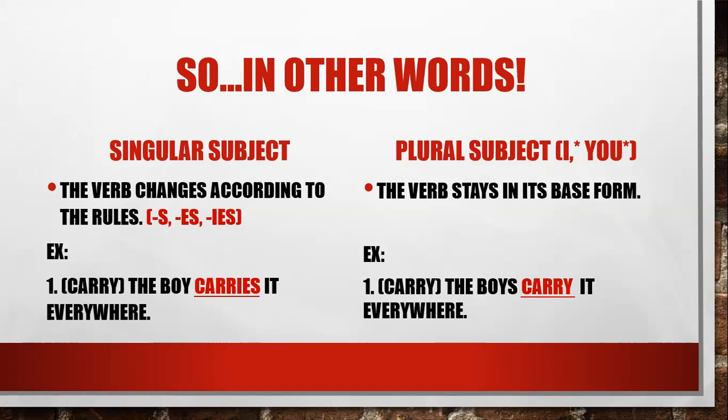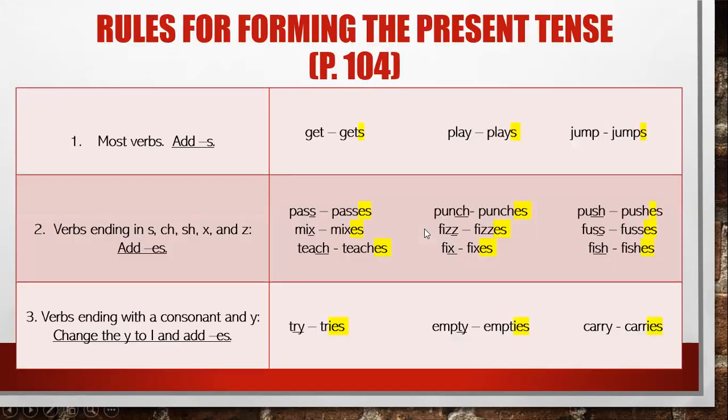And that's pretty much what you need to understand. As long as you're able to understand this concept, that if you have a singular subject in the sentence, then the verb changes according to the rules. There are 3 rules that we are going to practice, that you have to memorize, in order to be able to form the present tense correctly. Okay, let's move on.